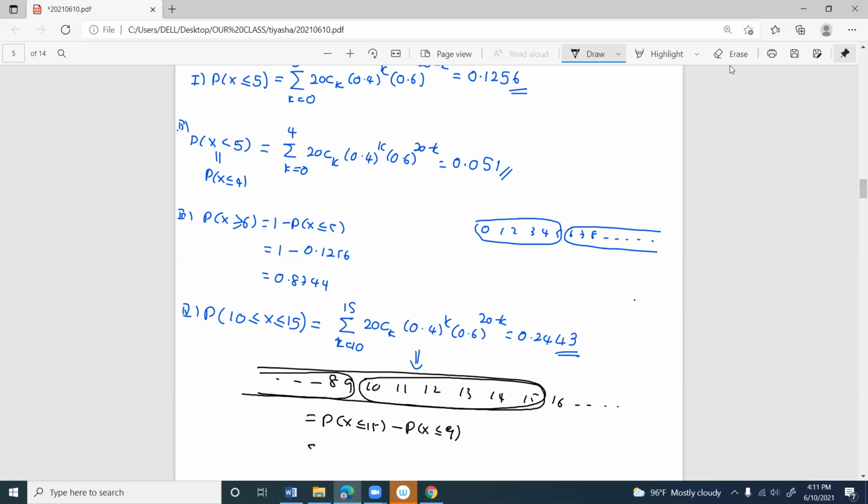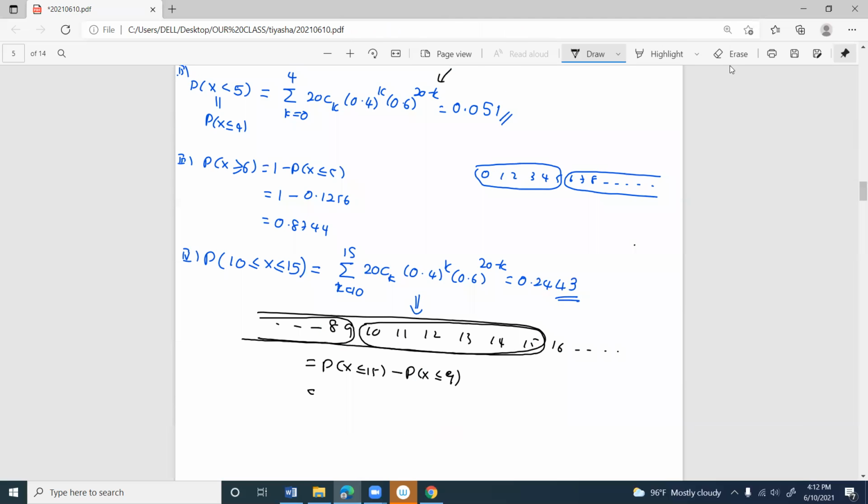Then you can use the table, or you can use the formula for this as well. You can put a formula similar to this.